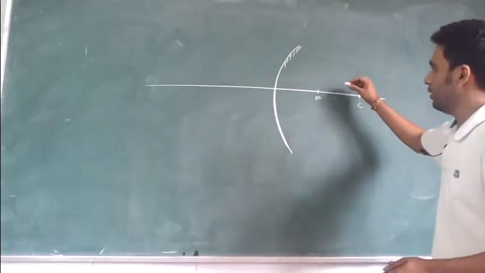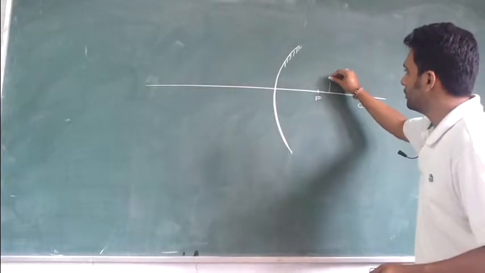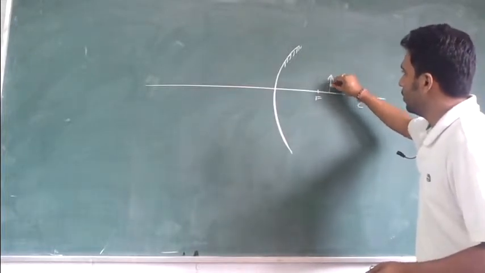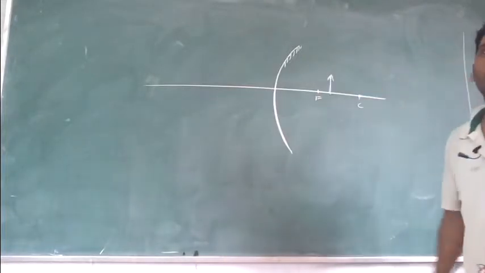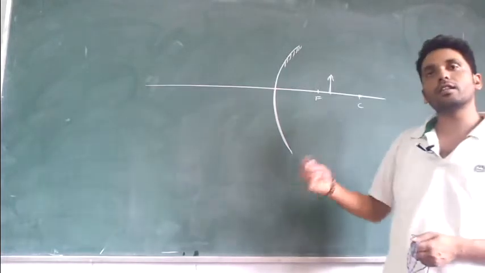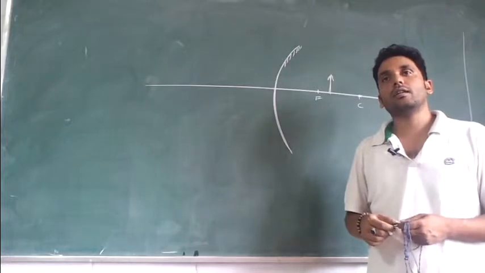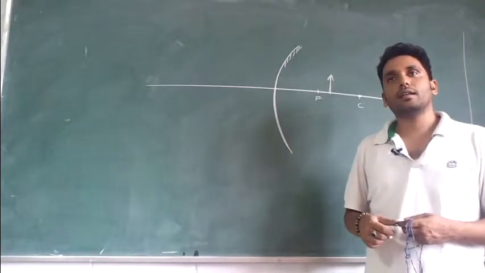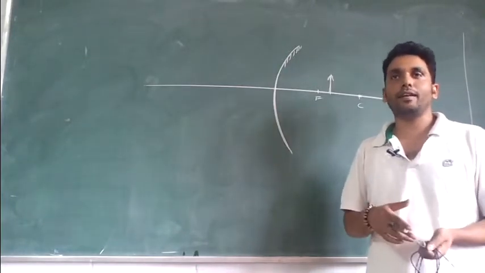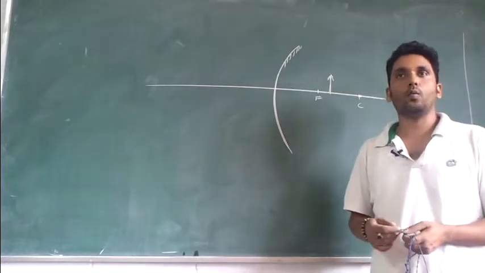You tell me, if I keep the object over here, where is the image going to be formed? Beyond C, between F and C, between F and P? Where is it going to be formed?